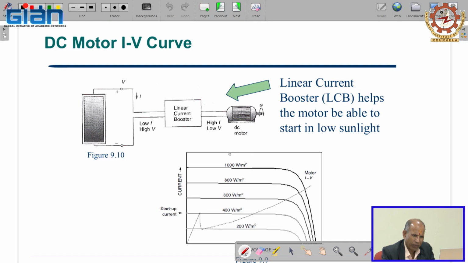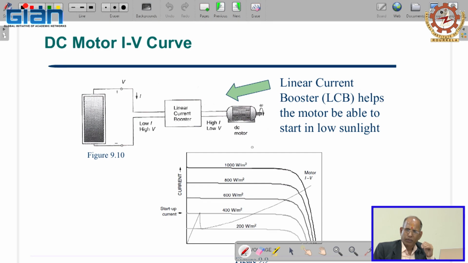Here basically we are placing one more component called the LCB. LCB stands for linear current booster. It can help, like say MPPT condition. The current it can reduce, the DC motor current.